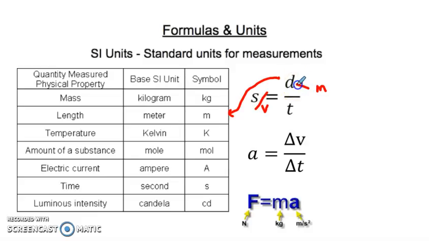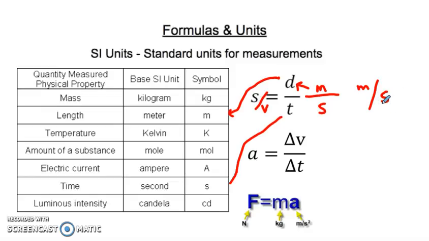So if you have the distance of 112 meters, then make sure that you do put the meters here. And that would be divided over the time. Time, as you probably guess, will be in seconds. So whenever you have the speed formula or the velocity formula, it's going to be in meters per second.